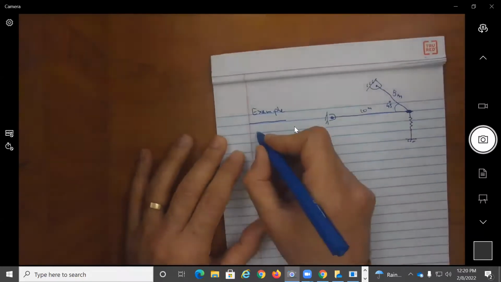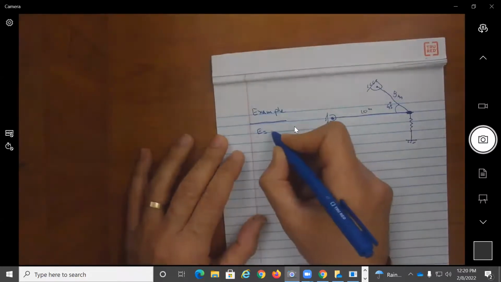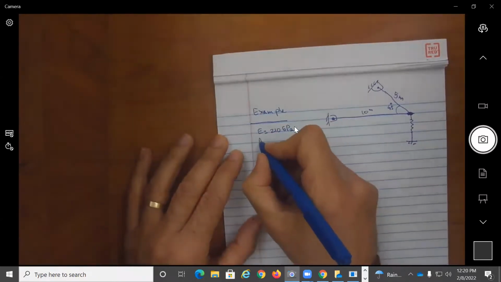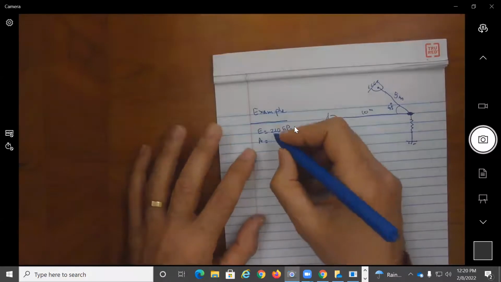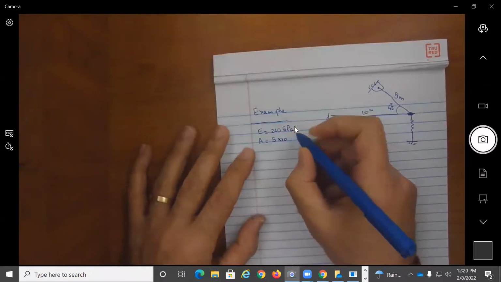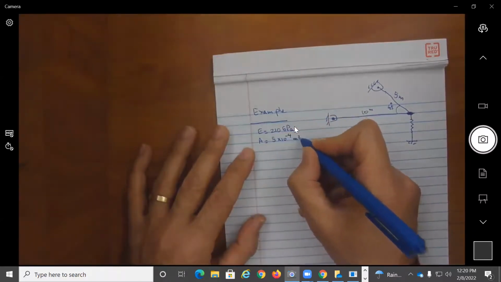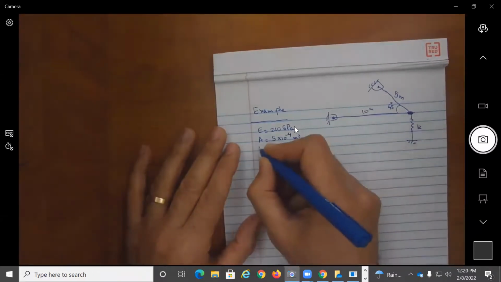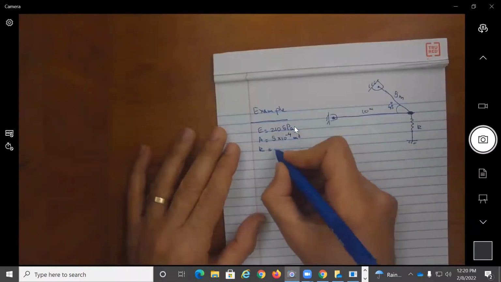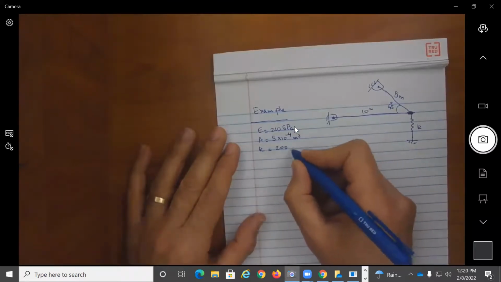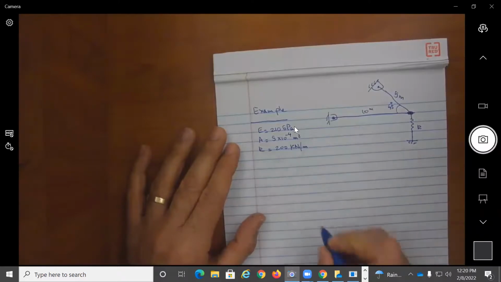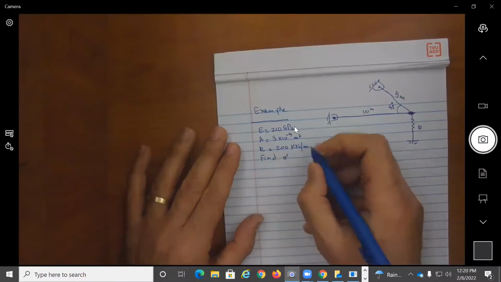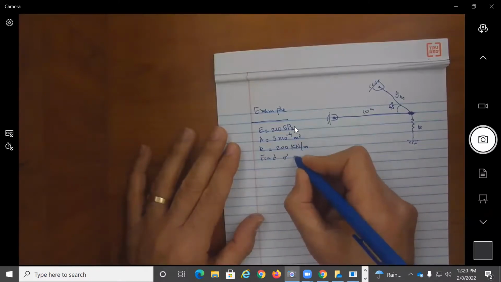We are given E of 210 gigapascal. The area is equal to 5 times 10 to the minus 4 square meters. K for the spring is equal to 200 kilonewton per meter. And we want to find the stress sigma in the bar members.